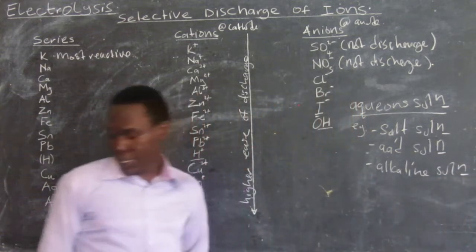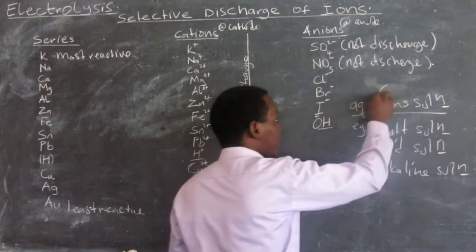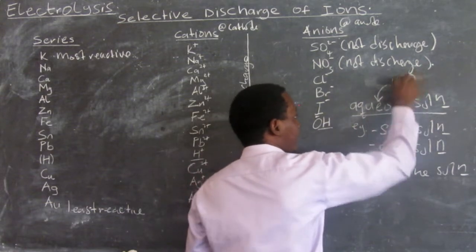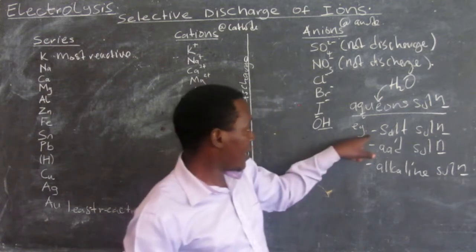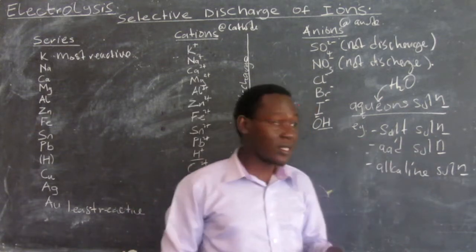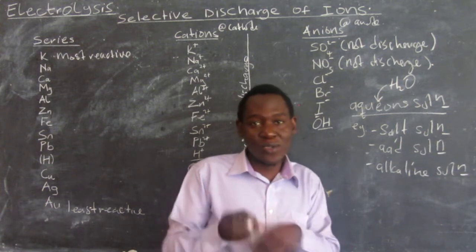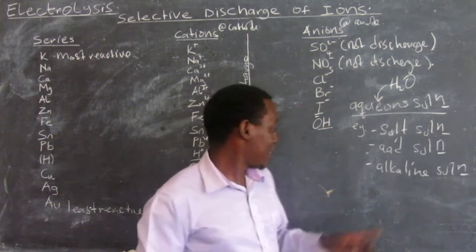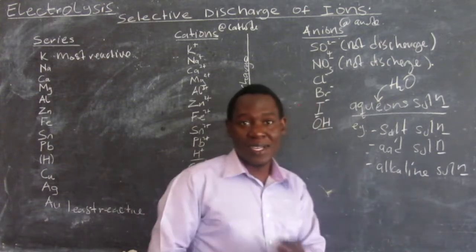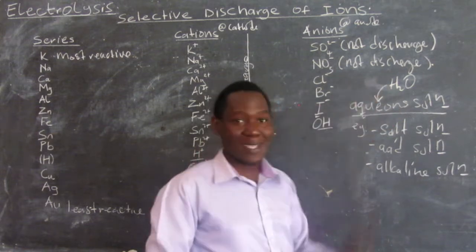If something is aqueous, it contains some water. An aqueous salt solution means that a particular salt has been dissolved in water. An acidic solution means an acid has been put in water, and an alkaline solution means an alkali has been put in water. In simple terms, anything which is aqueous contains water.